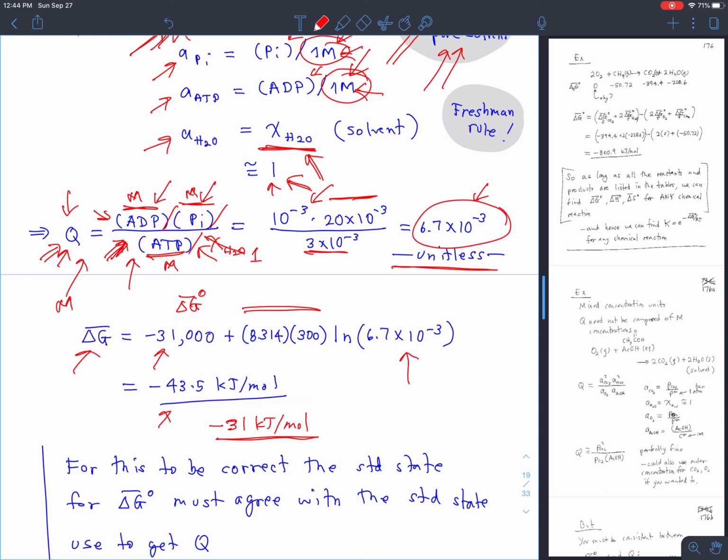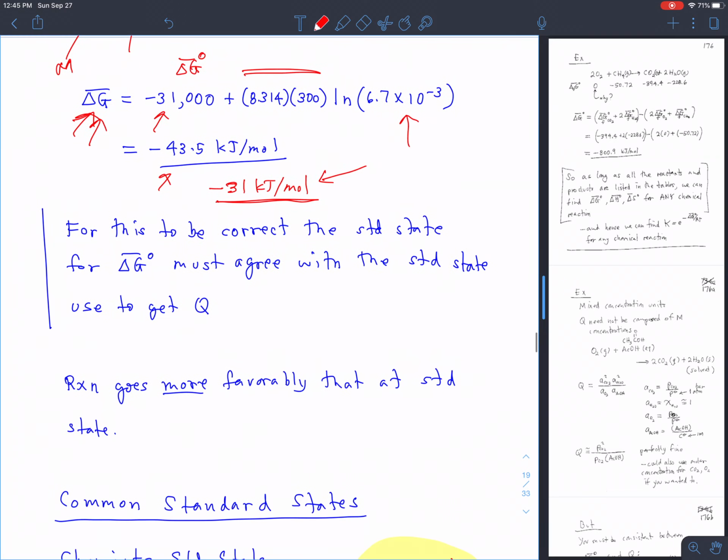So under typical cellular conditions, the driving force for the hydrolysis of ATP is actually a good deal stronger than it is at standard state conditions. And that means that the cell can actually make better use of the ATP that it has available to drive chemical processes, to drive molecular machines. It has more energy available to it as a result of ATP hydrolysis than it would at standard conditions.